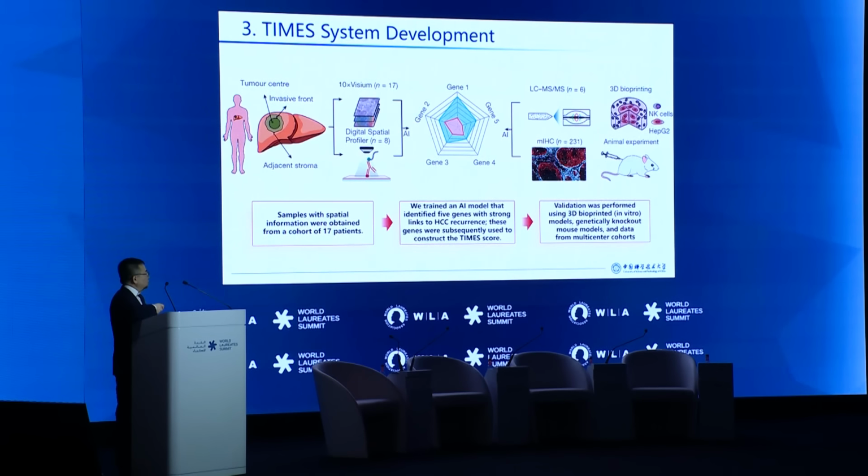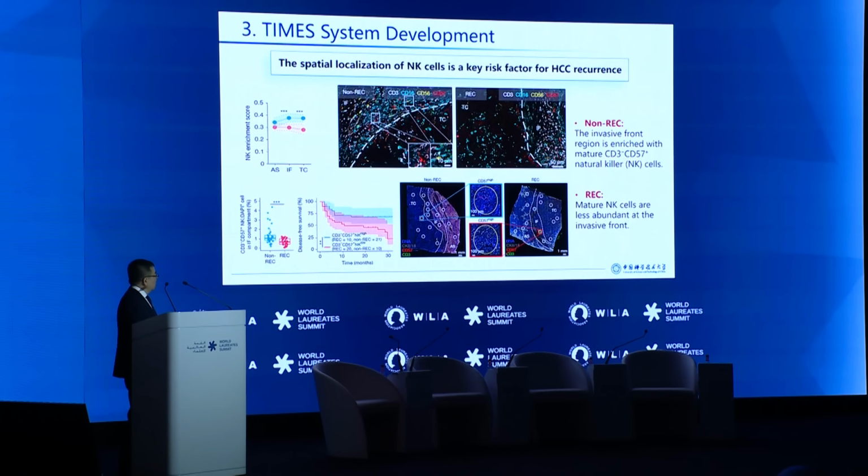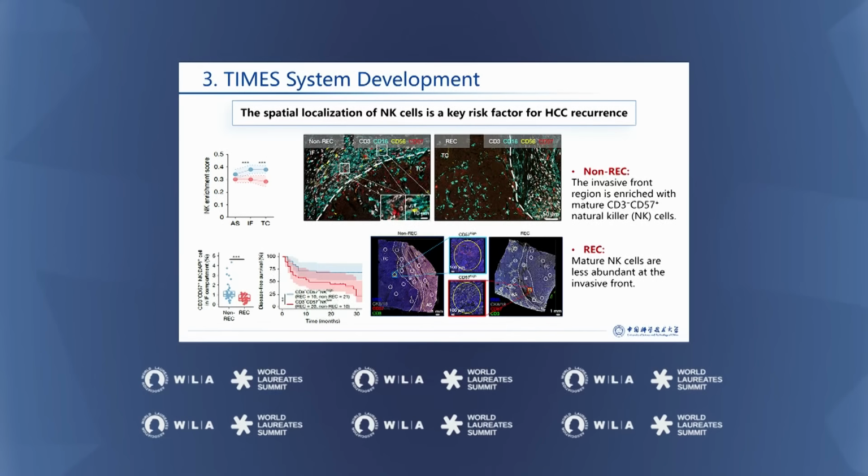Validation was performed using 3D bioprinting and genetic knockout mouse models and data from multi-center analysis. For non-recurrence patients, the invasive front regions are enriched with CD3 negative and CD57 positive mature NK cells. For recurrence, mature NK cells are less abundant at the invasive front.